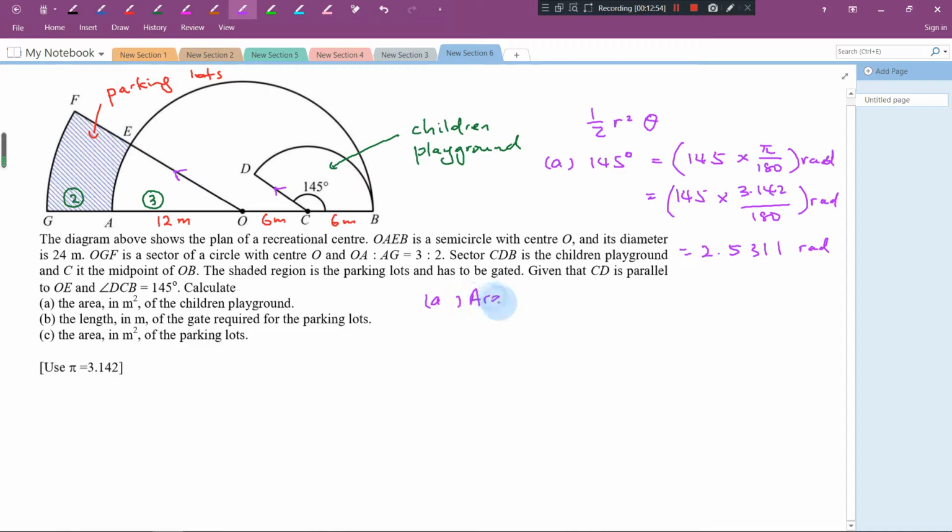So area of children playground is equal to 1 over 2 times r squared, r is 6, times theta. Theta must be in radian, which is 2.5311.